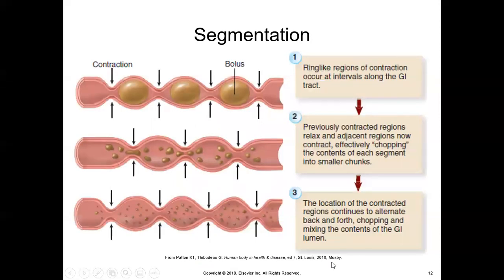So this is segmentation. Remember we said that with peristalsis, you have the bolus, you have contraction behind the bolus, and it loosens after it. With segmentation, you have one bolus, and in between the bolus, you have multiple areas of contraction. It's like ring-like contraction, and it breaks up that bolus.